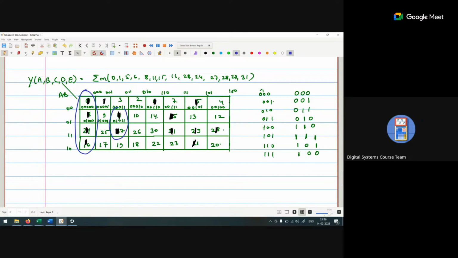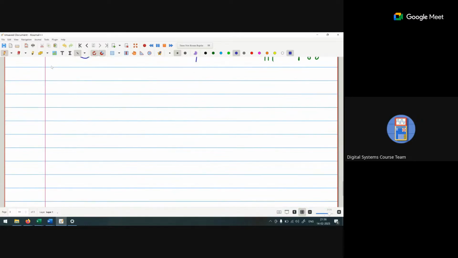Second, third, fourth, fifth, single group. Okay, but this is the quite typical method. This is the quite typical method.